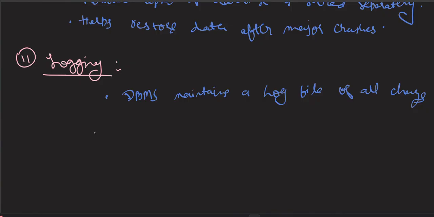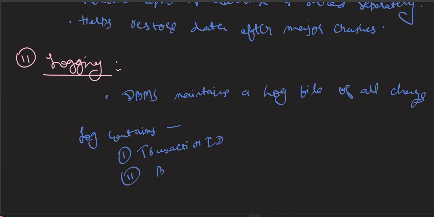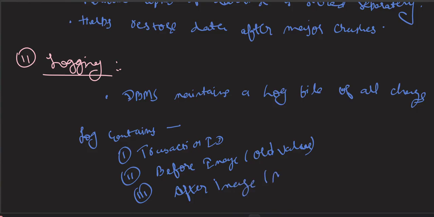The log contains the transaction ID, the before image, which is the old value, and the third one is the after image, which is the new value.